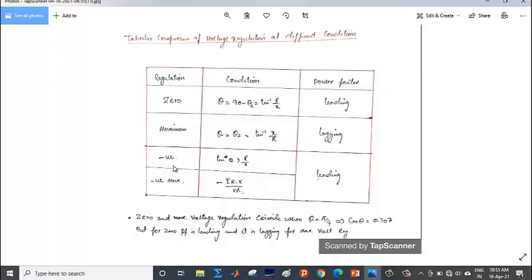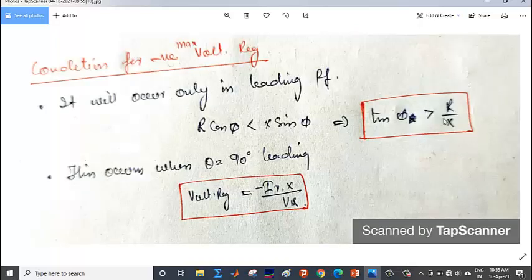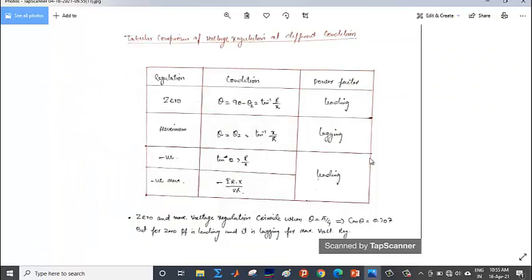Voltage regulation will be negative when tan theta is greater than R by X, and the power factor is leading. The negative maximum will be when theta is equal to 90 degrees leading, IR X divided by VR. Please mention it over here when theta is equal to 90 degrees.